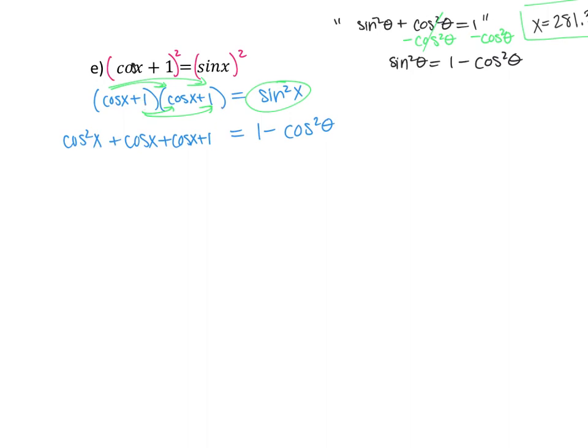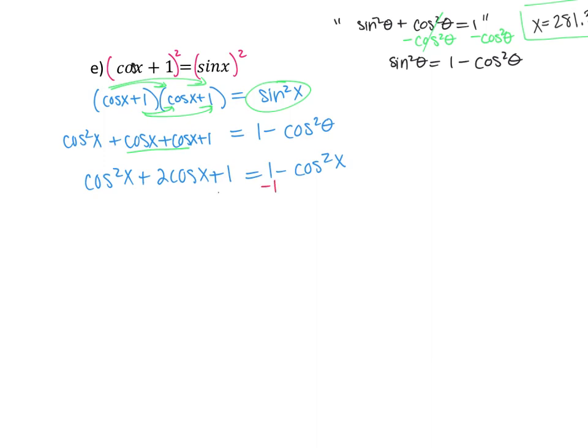It doesn't look like I've made any mistakes here. I'm going to add up the middle terms to make cosine squared x plus 2 cosine x plus 1 equals 1 minus cosine squared x. I start to notice I can probably move some of this stuff over to the other side and make a trinomial. So that's what I'm going to attempt to do.